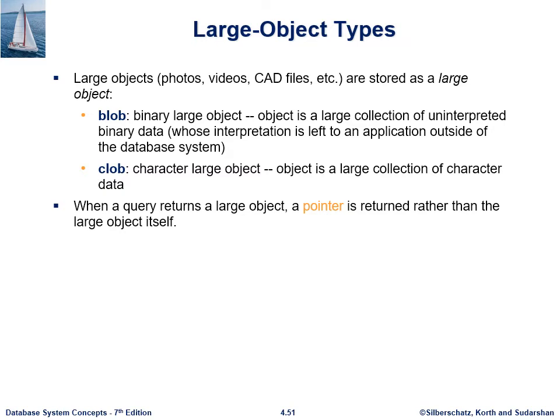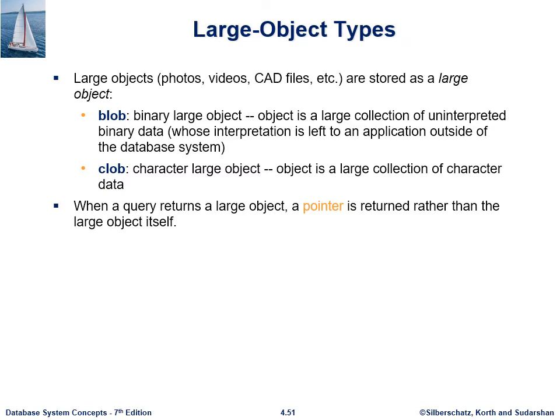In fact, because these are very large, when we perform a query, we return a result which may be an image, maybe a document. Anyway, it's a blob or clob, a large object.